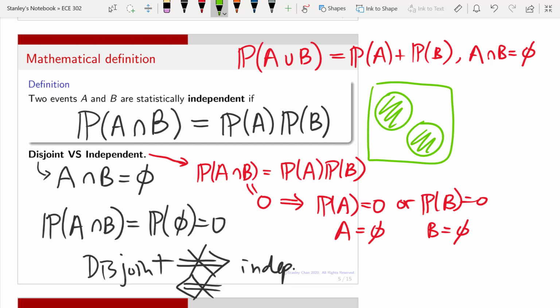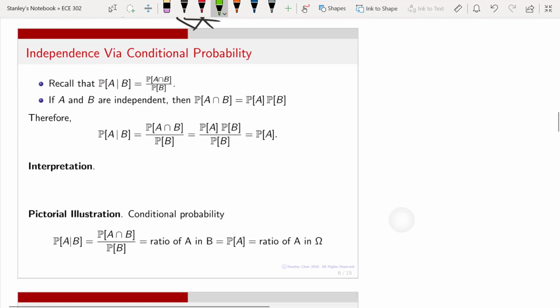How about independence? To understand independence, we can use the notion of conditional probability. Recall the definition of the conditional probability of A given B. This is the ratio of A intersect B divided by B. If A and B are independent, then the intersection of A and B gives you this product.